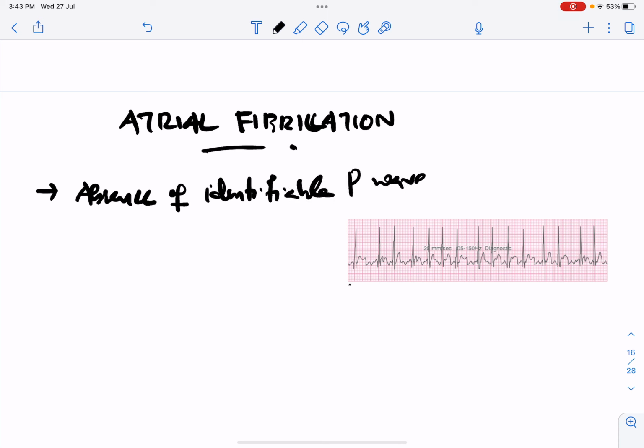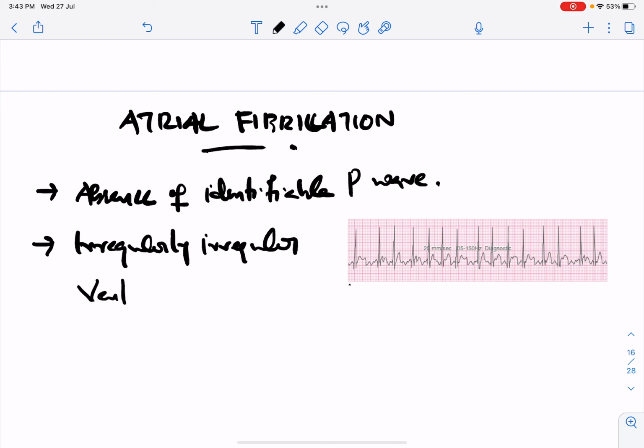There is no definite P wave in atrial fibrillation, and there is an irregular ventricular rhythm. The term used is irregularly irregular ventricular rhythm. That is the ECG feature of atrial fibrillation.